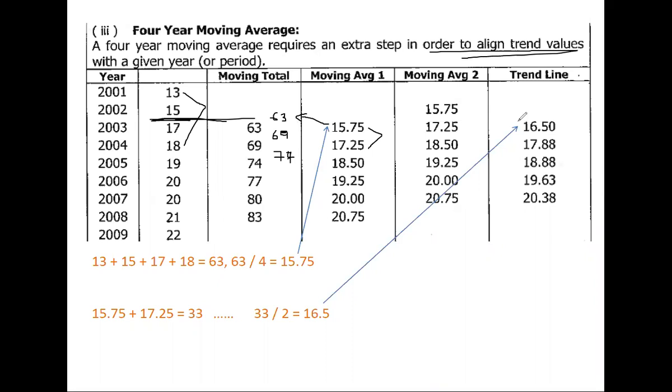And when you do that, that will help you to get a figure which will align to a particular year. Good. So we do this for alignment purpose. Good. So after you've computed your moving average, come and take the next 2 years, divide by 2, so that the figure that will come will align with a year, okay? And if we have to plot it, then we can have the year with its corresponding trend value.